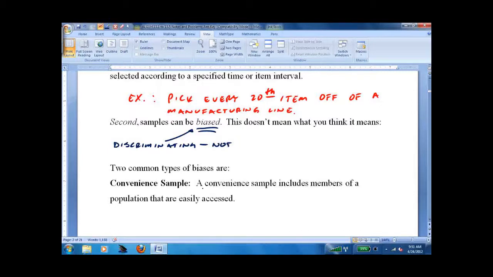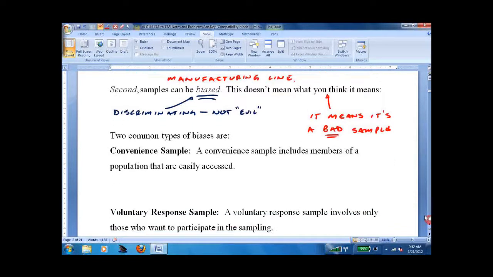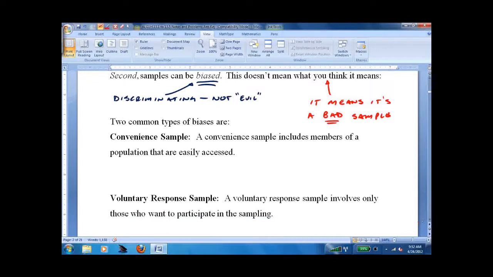You're just not doing a good survey. This is not what I would call evil. It means it's a bad sample. So you just have to be careful that you don't just do something simple that works for you and end up getting a bad sample.